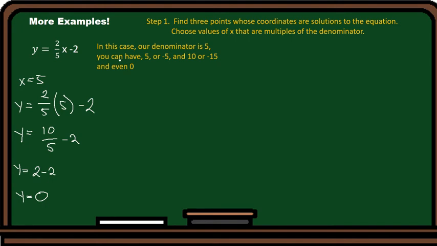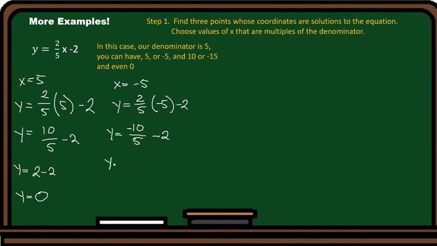Next, what if your x is negative 5? We have here, same process, y equals 2 over 5, your x becomes negative 5, minus 2. y equals 2 times negative 5, that is negative 10 over 5 minus 2.